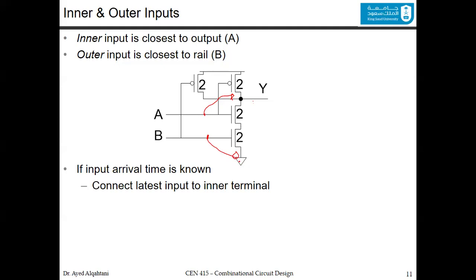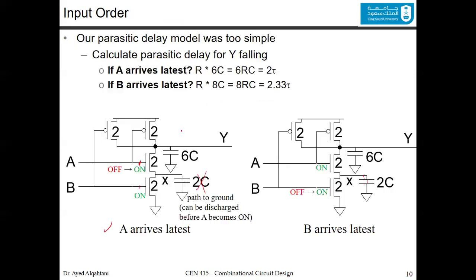In our case, it's the ground. So the rule here is if the input arrival time is known, then connect the latest input to the inner terminal. So the slow goes here and the fast goes here, to get this scenario.